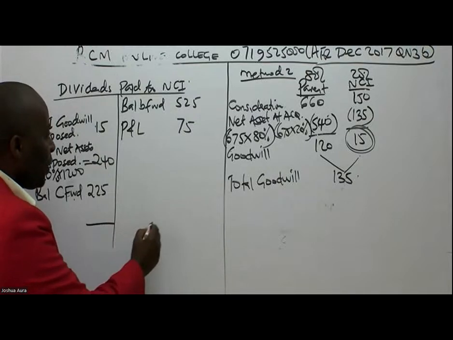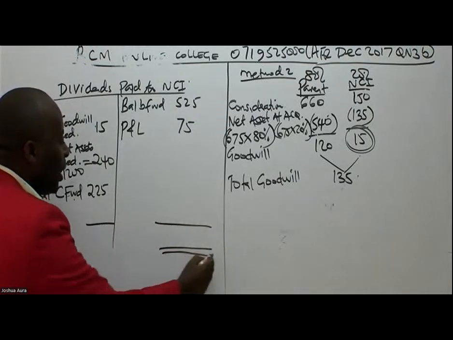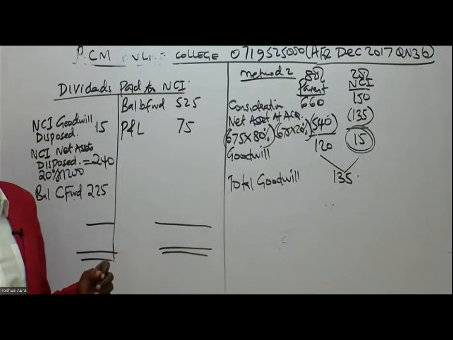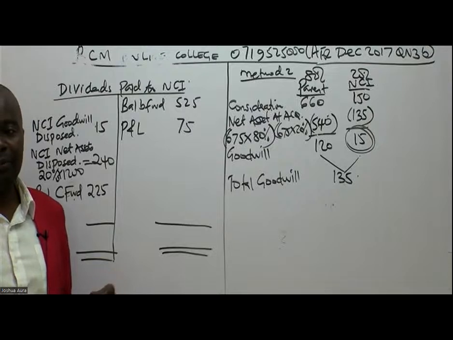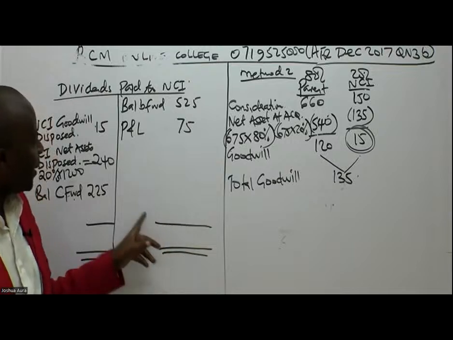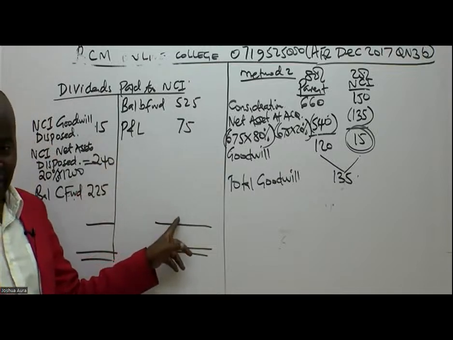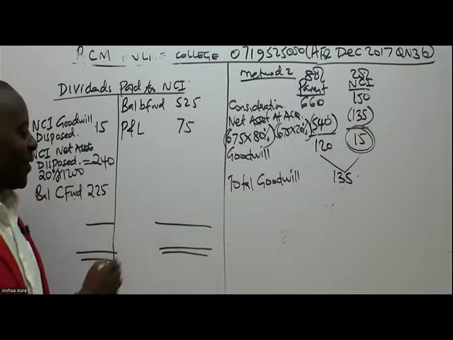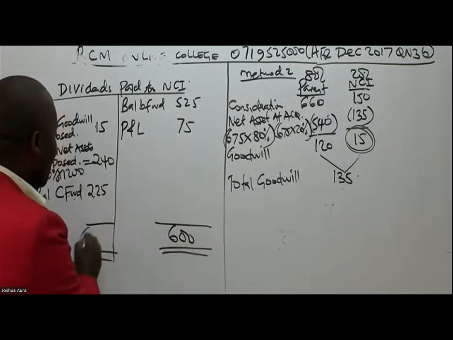Now that is the end of this account. Please come on the balance here. Which side is heavier? It has to be this side, 600. So this will be 600, this will be 600.